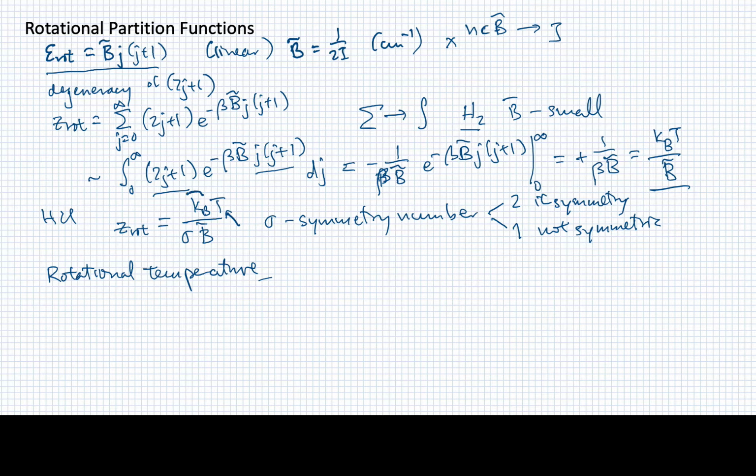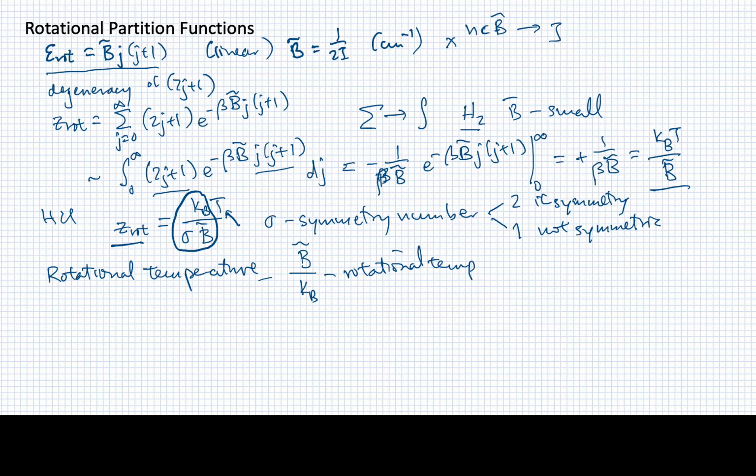So this other stuff out here must have units of 1 over temperature, because we know the partition function has no units. So in other words, I could define a quantity that looks like this, the rotational constant divided by Boltzmann constant. This is my rotational temperature.